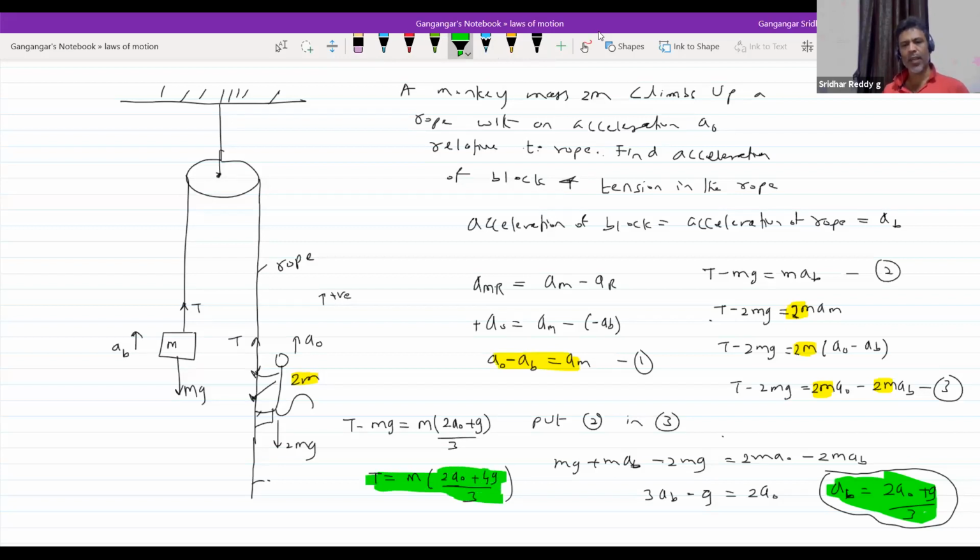answer. So it's not only a monkey, there can be even one block also. This is one generalized method that you can apply. Any problem related to this you are supposed to manage here.